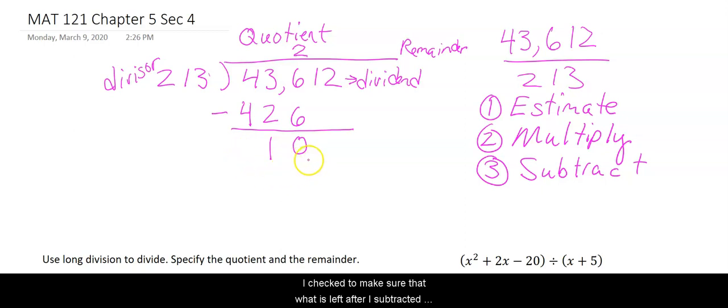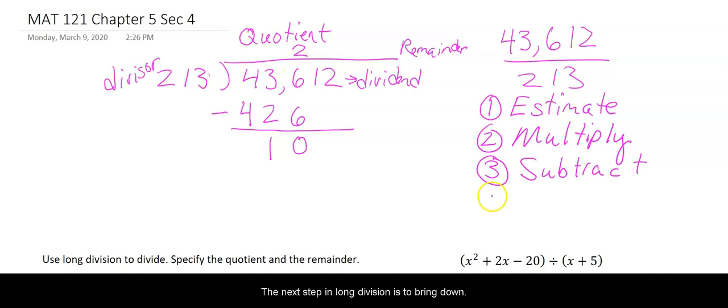I check to make sure that what is left after I've subtracted is smaller than my divisor. If my divisor were 213 or bigger, that would mean that my original estimate was too small, and I should increase the estimate. I would need to subtract all the work I had done, increase the estimate, and remultiply. Since my remainder here is 10, that is smaller than 213, so my estimate was correct.